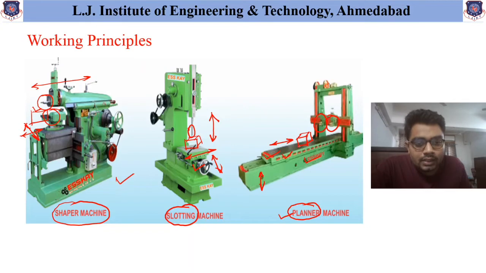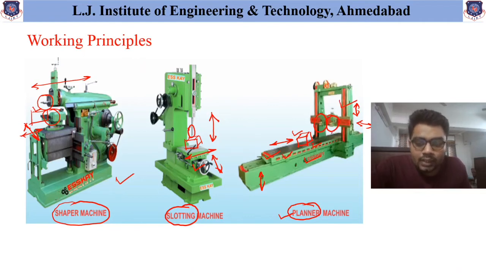So this table is given reciprocating motion, and above this table the workpiece is set, and with the help of the table's reciprocating movement, the workpiece is moved. The tool can be adjusted in the horizontal direction or it can be moved up or down based on the requirement, and for this movement this column is provided.